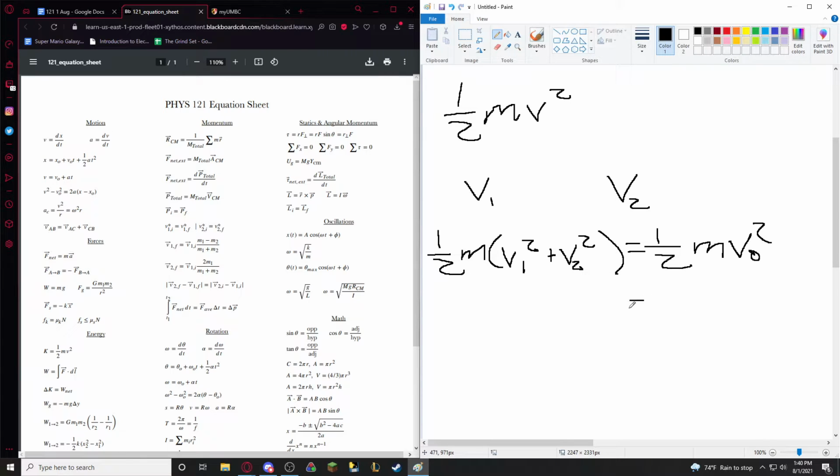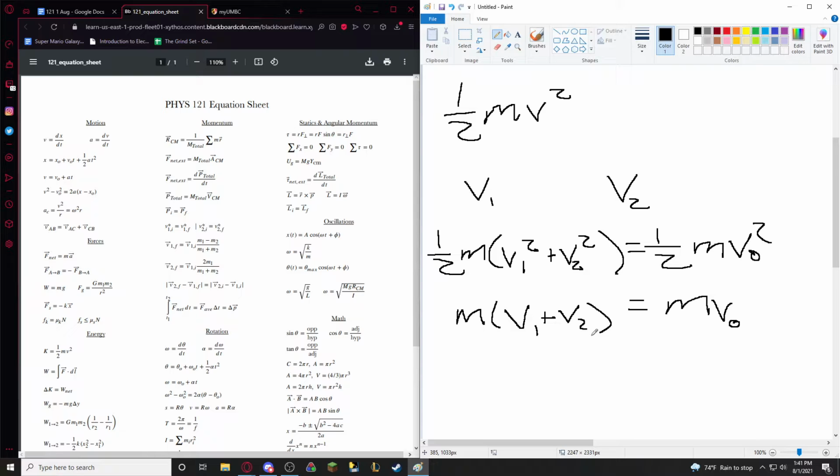Mass times velocity. Exactly. Initially we have m v naught, right? And what's our final momentum? Mass times v1 for the first block plus mass times v2, so m times (v1 plus v2).